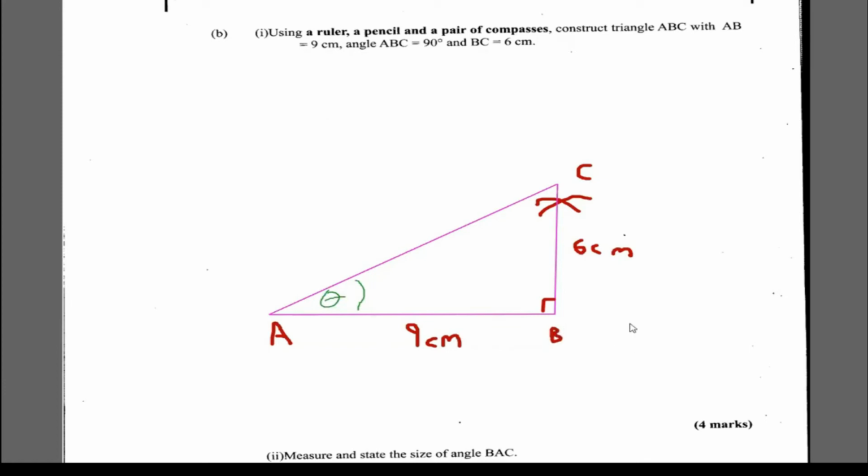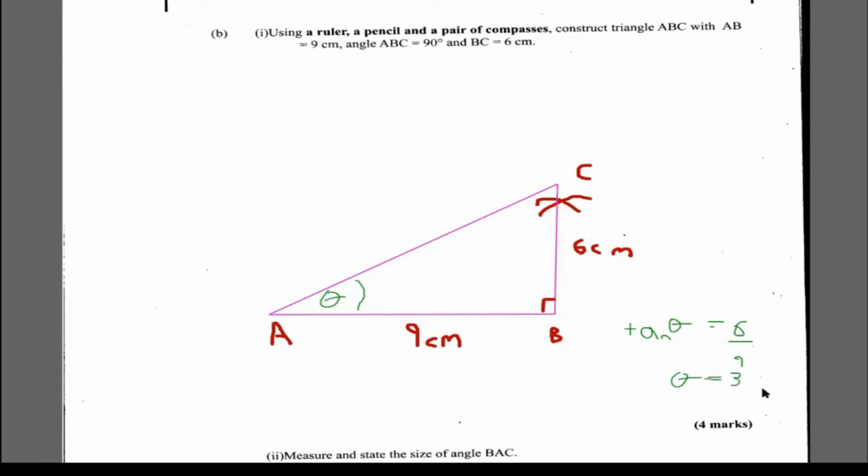And so what I'm saying is the tan of theta is equal to opposite 6 over 9. And this would be able to tell me what theta should be. If tan theta is 6 over 9, theta should be tan inverse 6 over 9. And so you should be getting, I'm getting 33.7 degrees.